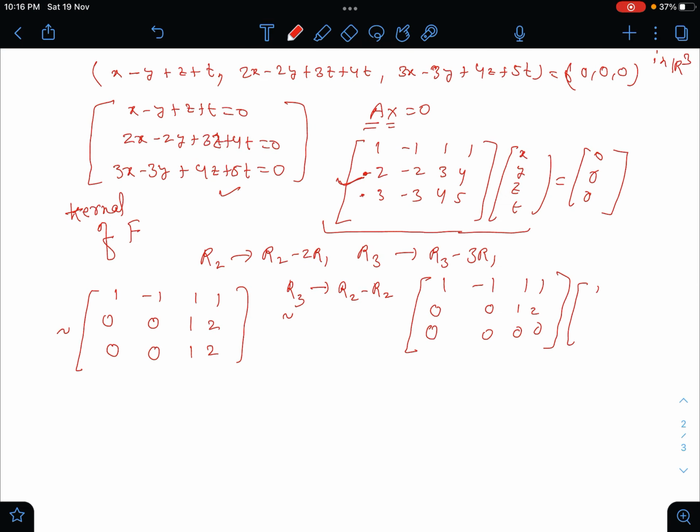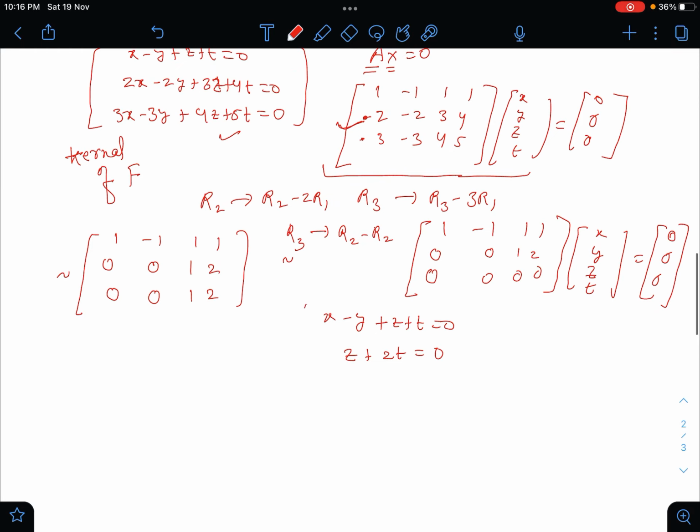So let us write in the form of Ax = 0, with (x, y, z, t) equal to (0, 0, 0). So let us write in the form of equations: x - y + z + t = 0 and z + 2t = 0.